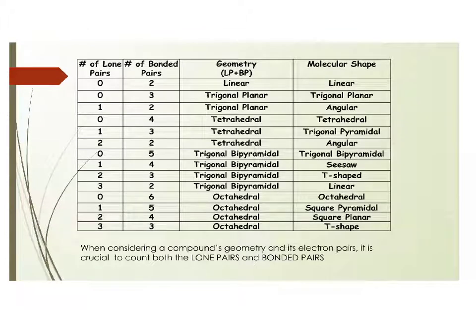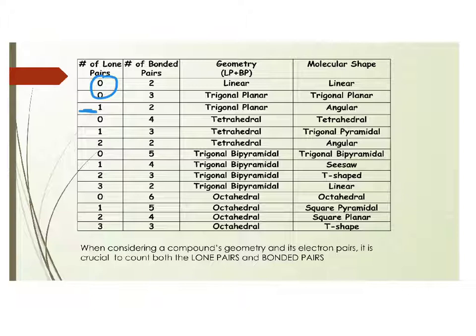Now that we know about molecular shape, let's look at the number of lone pairs that determine the different types of molecular shapes for each geometry. If you look at the first row, you can see that there are 0 lone pairs. As a result, the molecular shape will be the same as its geometry. But if you look at another row, such as this one right here, you can see that since there is 1 lone pair, the molecular shape would be different from the geometric shape.